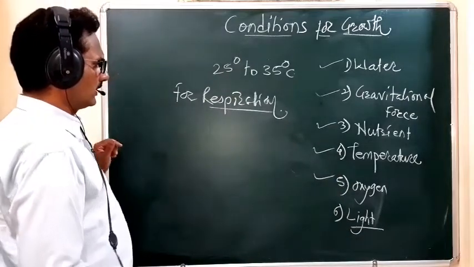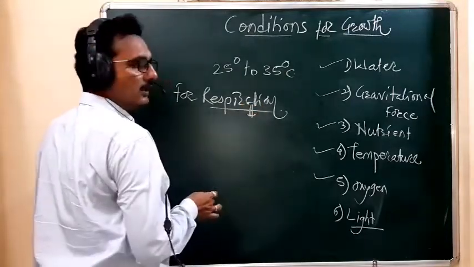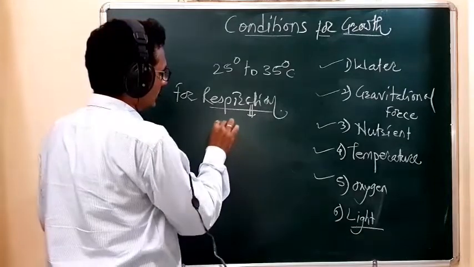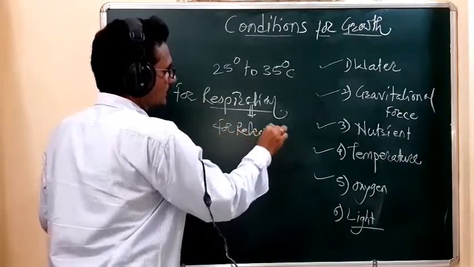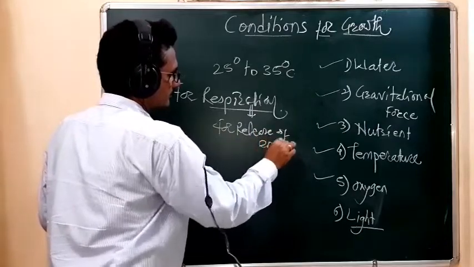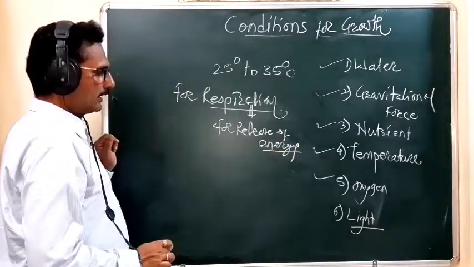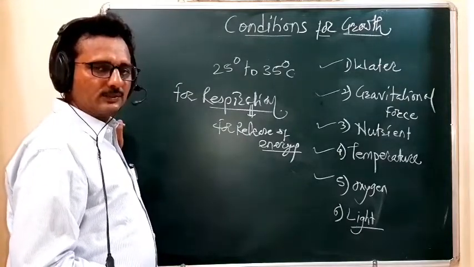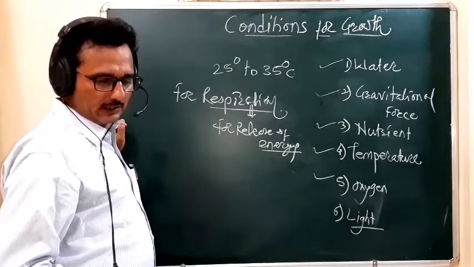What is the role of respiration? Because of respiration, there will be a release of energy. For the release of energy, the respiration process is necessary, and in that respiration process, oxygen is required.